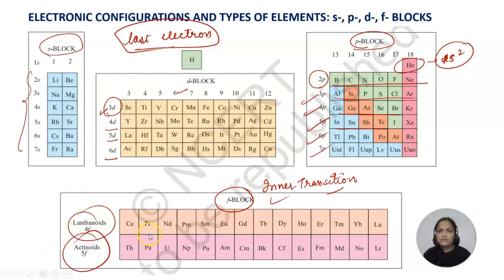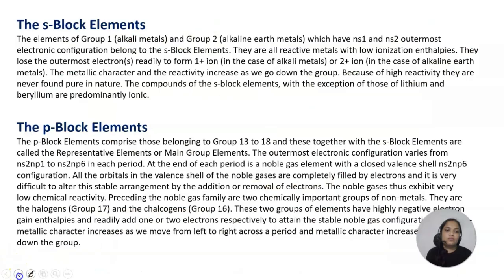So what are the different properties of these blocks? Let's study them. In the s block you have group 1 and group 2, which are alkali metals and alkaline earth metals. So the electronic configuration is ns1 and ns2. Keep that in mind. These are reactive metals with low ionization energies because it is easy to remove the outermost electrons.